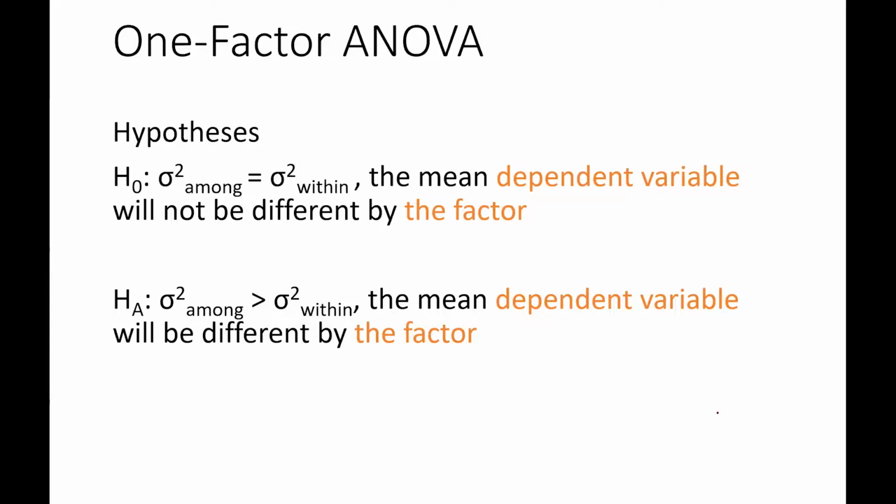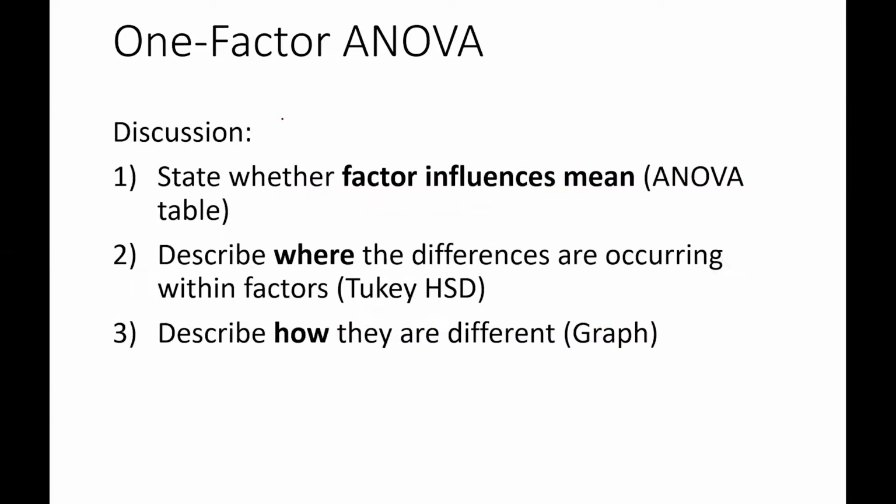Your hypotheses, oh, and this should be or less than, is that your variance among is less than or equal to the variance within. So the mean dependent variable will not be different by the factor. Your alternative is that your variance among is greater than your variance within, and the mean dependent variable will be different by the factor. Essentially, your means are different between the groups, or your means aren't different between the groups.